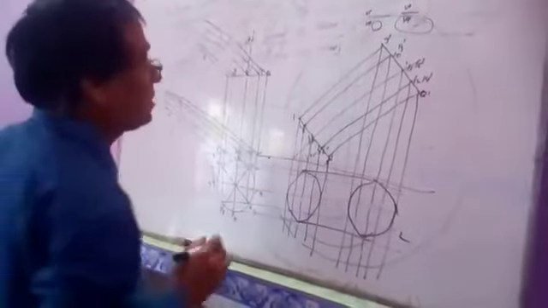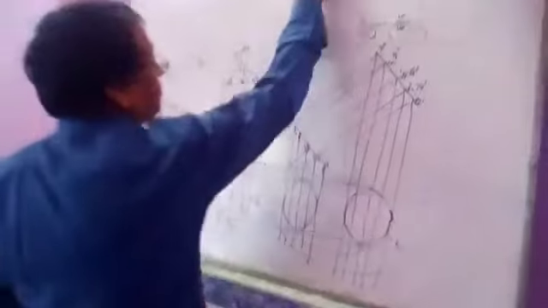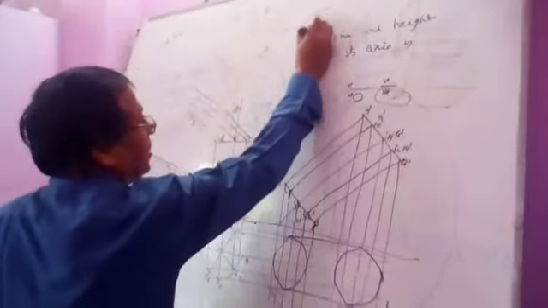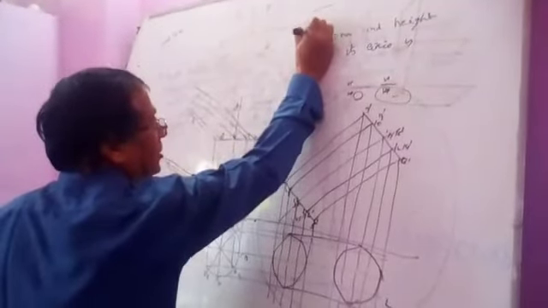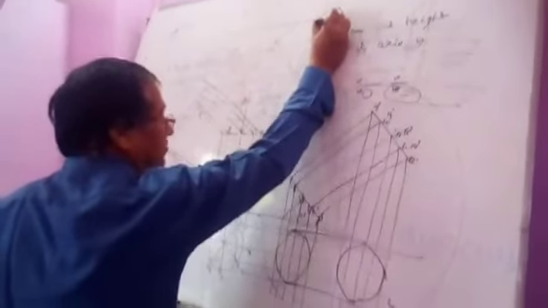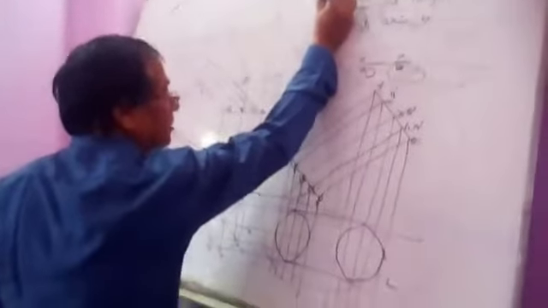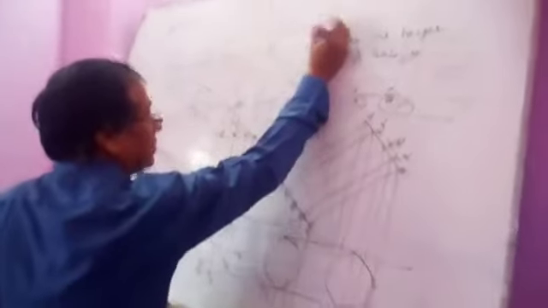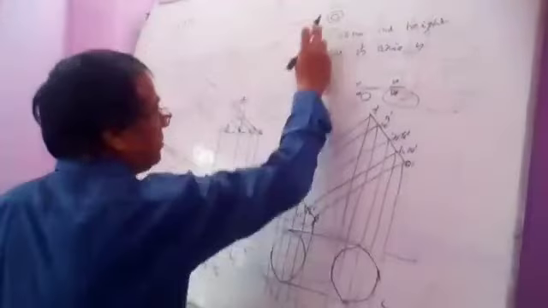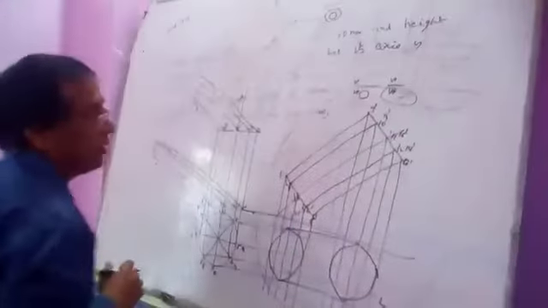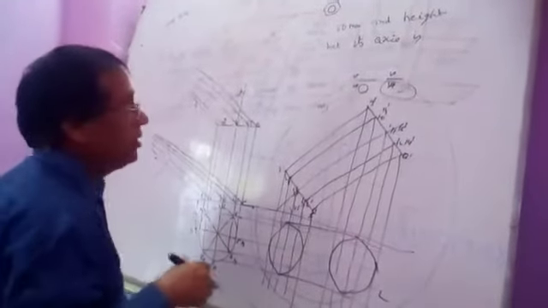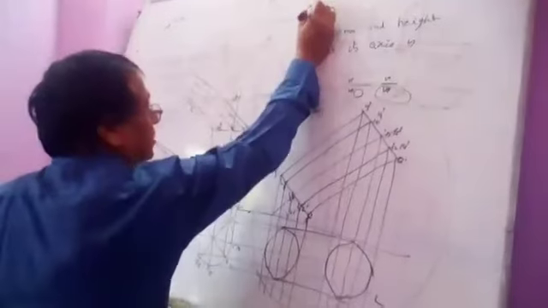Okay? So let's just take an example. If you solve a problem of nut, clear? Nut is a hexagonal body. And inside a nut is nothing but a such type of object in which outer surface is hexagonal and inner surface is a circle, as you know, cylinder. So this is the hole.